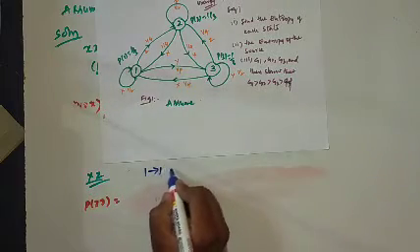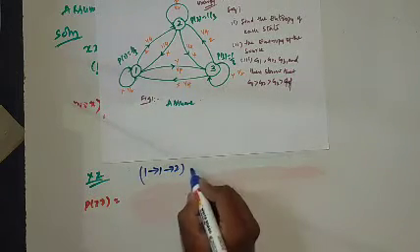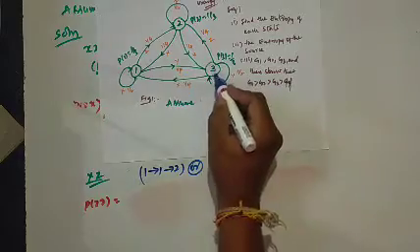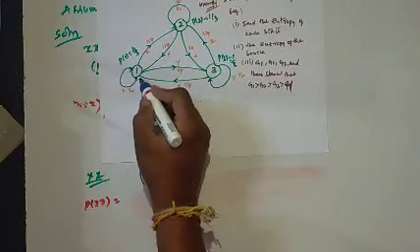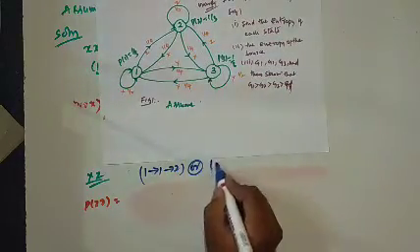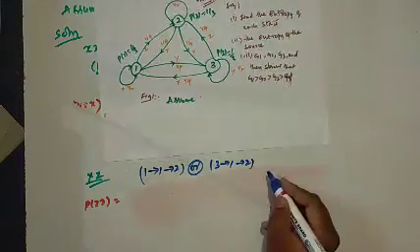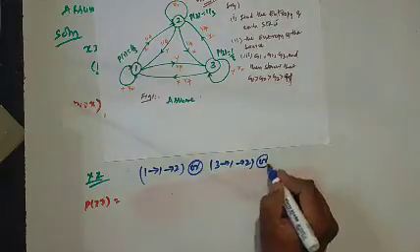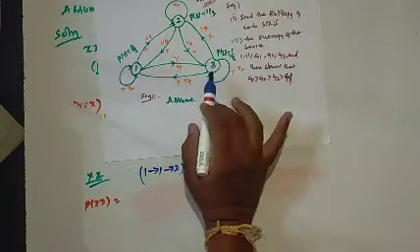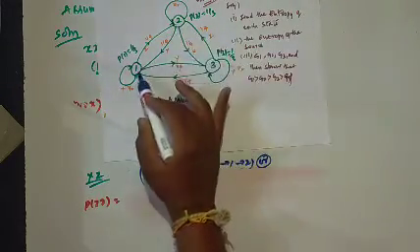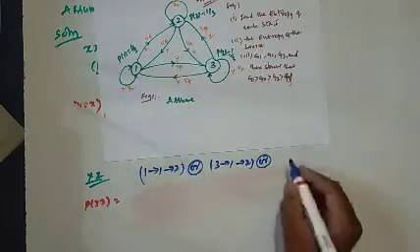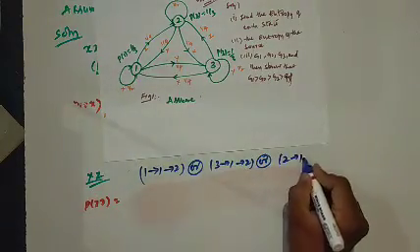So 1 to 1 and then to 2, or we got another path. This is X, 3 to 1 and 1 to 2, or another path 2 to 1 and 1 to 2.